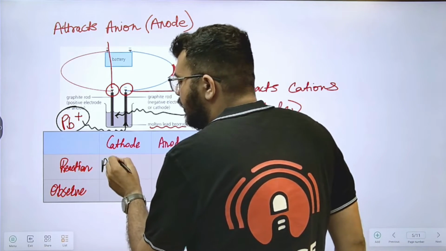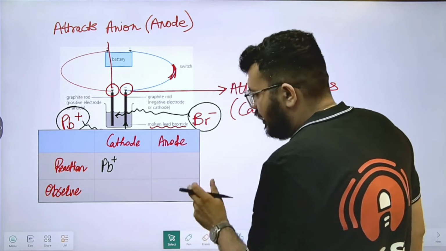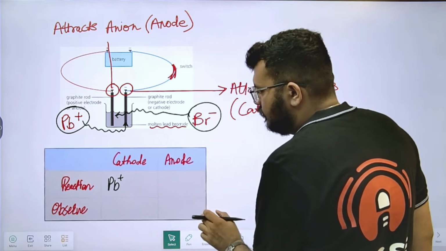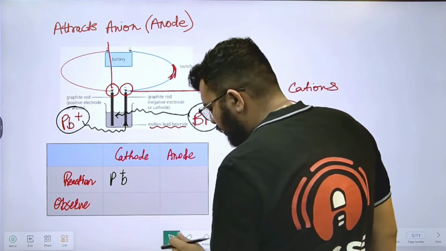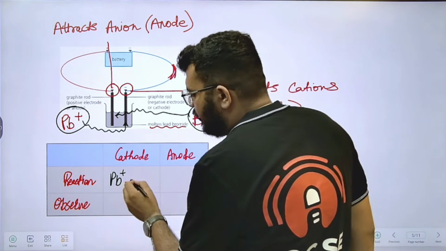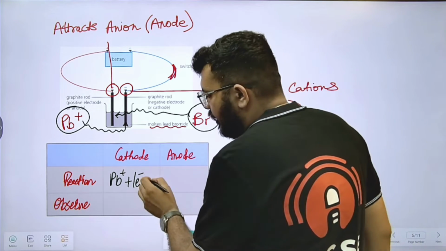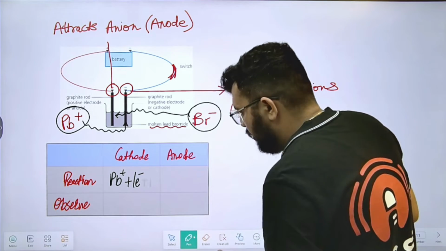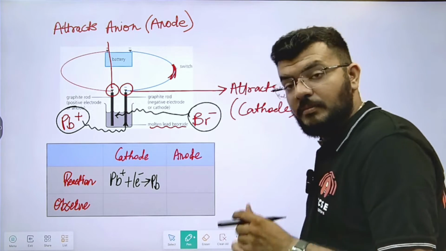What will happen to lead if lead goes near the negative electrode? If lead goes near the negative electrode, it will for sure get attracted to it, accept one electron from it, and become lead, right? Lead metal.